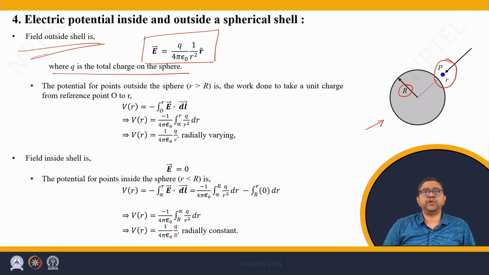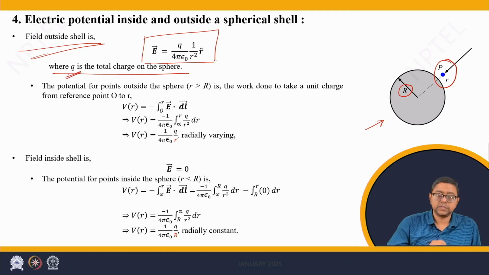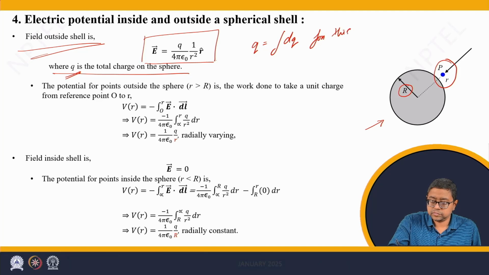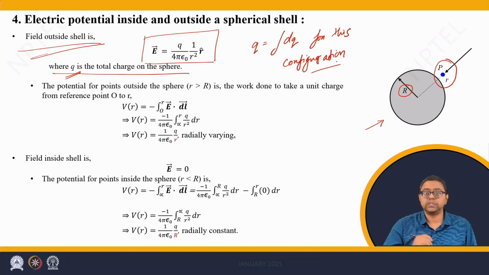This integral dq becomes equal to q for this case. This means that the total charge distribution on the sphere is equal to q.